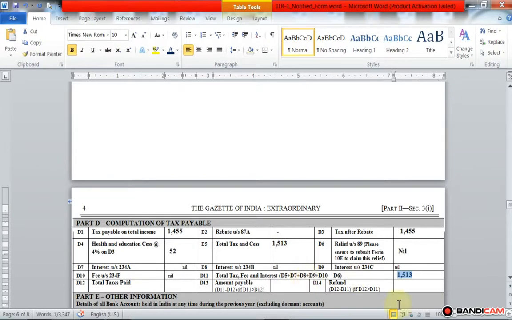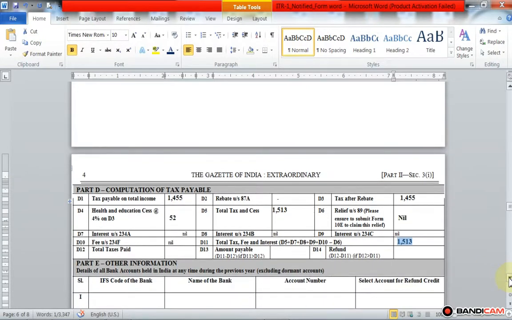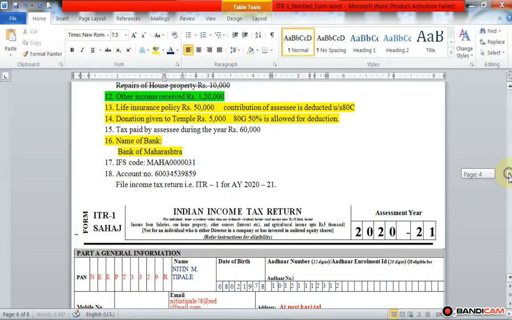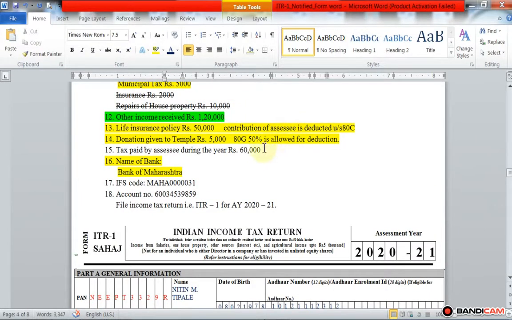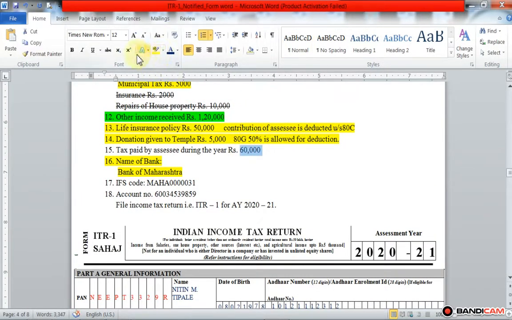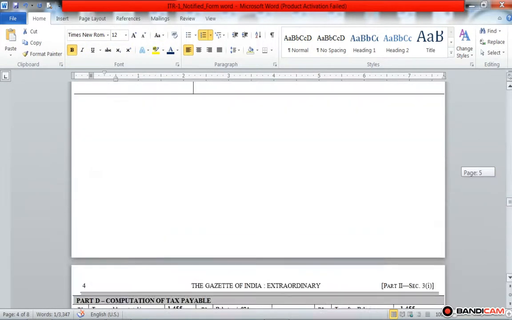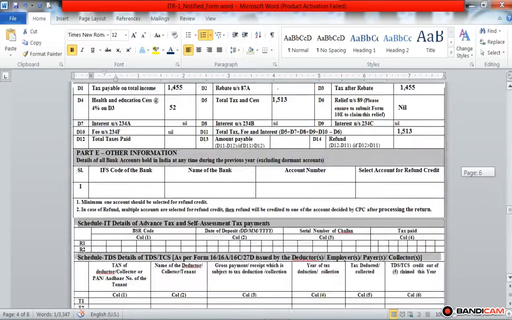Okay, then here total tax paid by the SSC. So tax paid by the SSC is given, amounted to rupees 60,000. So SSC has paid a tax amounted to rupees 60,000. So put this figure in the tax paid column.